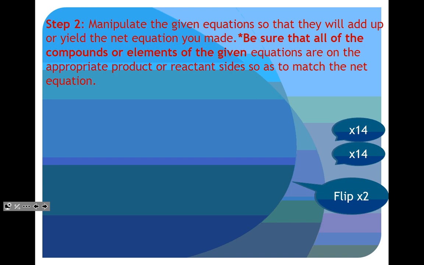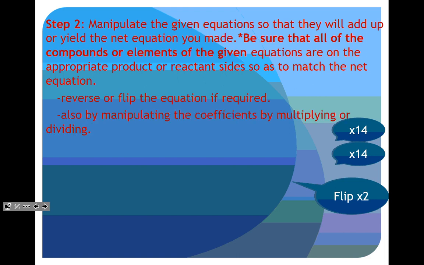So step number 2, manipulate the given equations so that they will add up or yield the net equation you made, or the balanced equation. Be sure that all of the compounds or elements of the given equations are on the appropriate product or reactant side so as to match the net equation, and also make sure that the coefficients are the same. So reverse or flip the equation if required, also by manipulating the coefficients by multiplying or dividing.